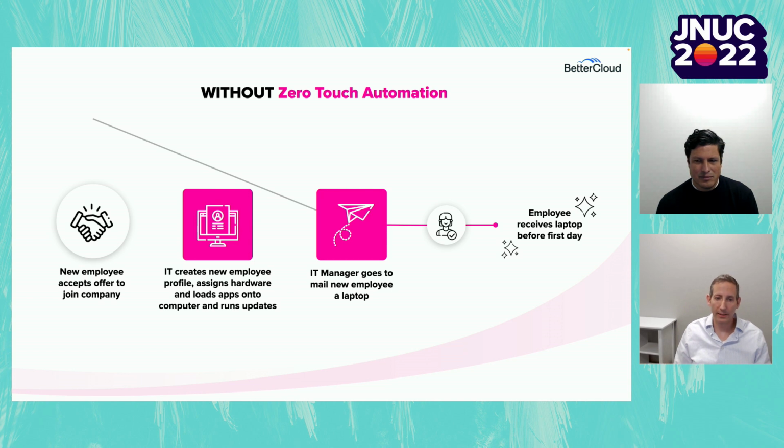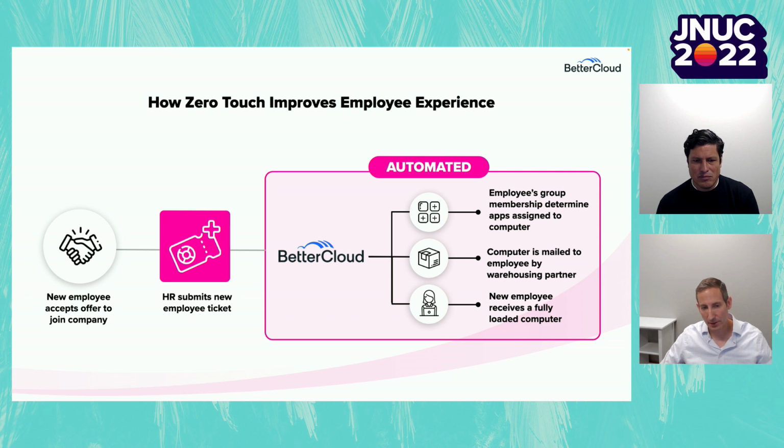Doesn't always, though, unfortunately. So what we saw at the end of that video now, to contrast that, is a very different approach, and one that, in fact, does use zero-touch automation. So let's take a look at what that could actually look like. So same initial scenario where we've got this new employee that has accepted the offer to join the company.